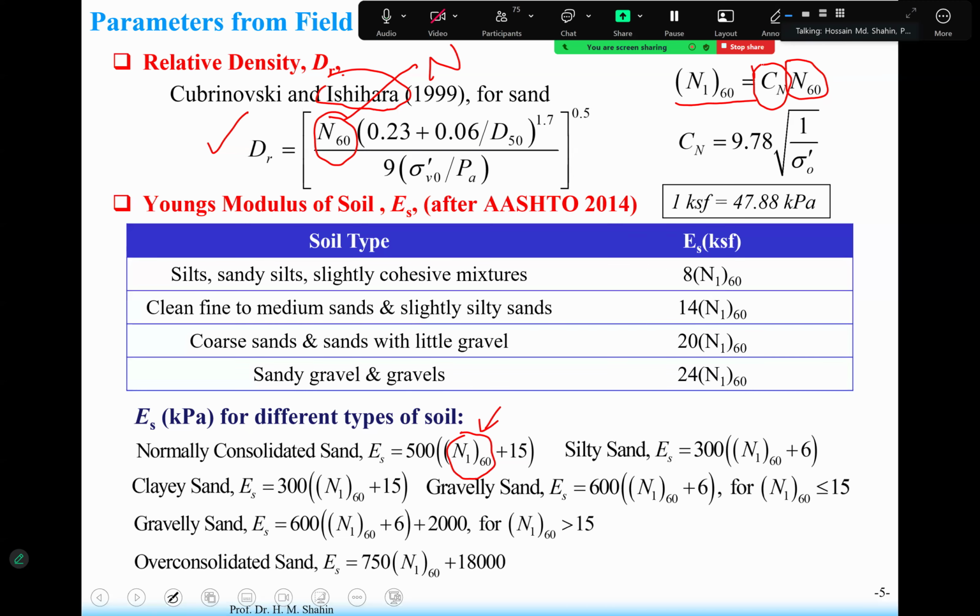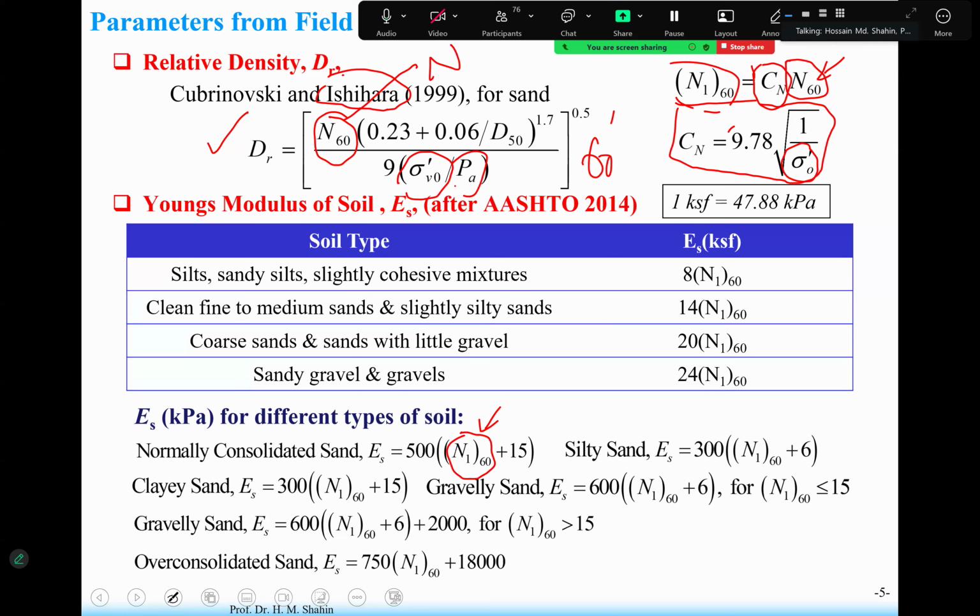So this is the equation of Cn. You need the initial stress, I mean the in situ vertical effective stress, sigma 0 dash. Use it in this equation to get Cn, and then multiply to get N160. You see sigma V0 and sigma 0 are the same.